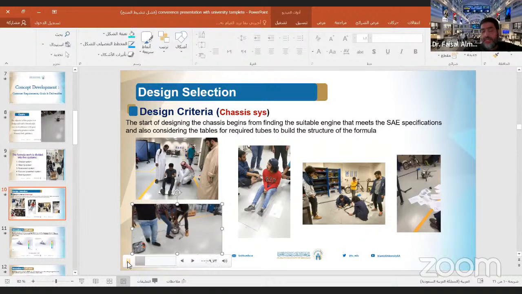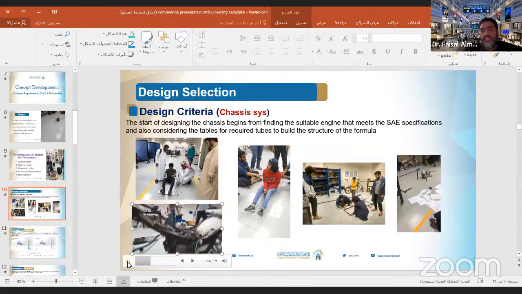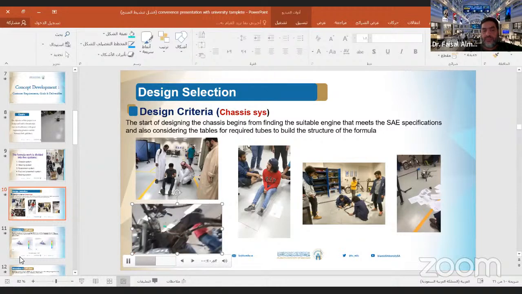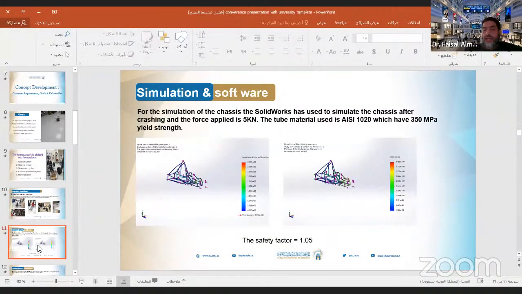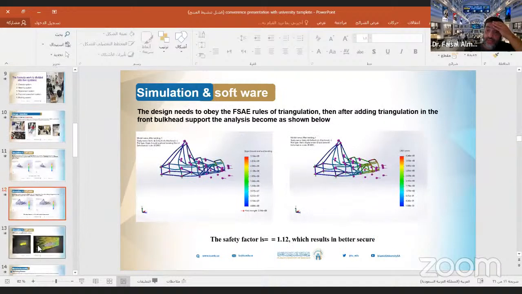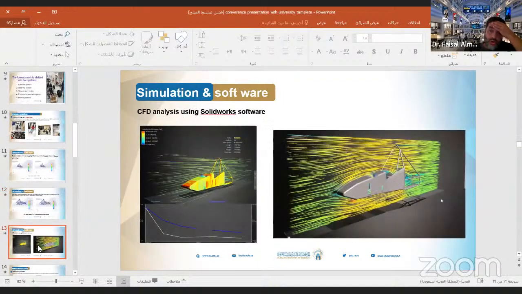And as you can see in the picture, all this simulation, while they are on the ground we don't have anything, so they are simulating the size of this formula. The students have done a lot of simulation to see what the safety factor is, because this is one of the requirements. They use software, as you can see in the slide. Also, they do the aerodynamic analysis. So the beauty of this project is that they can apply everything and they can go and see and experience everything as a team.